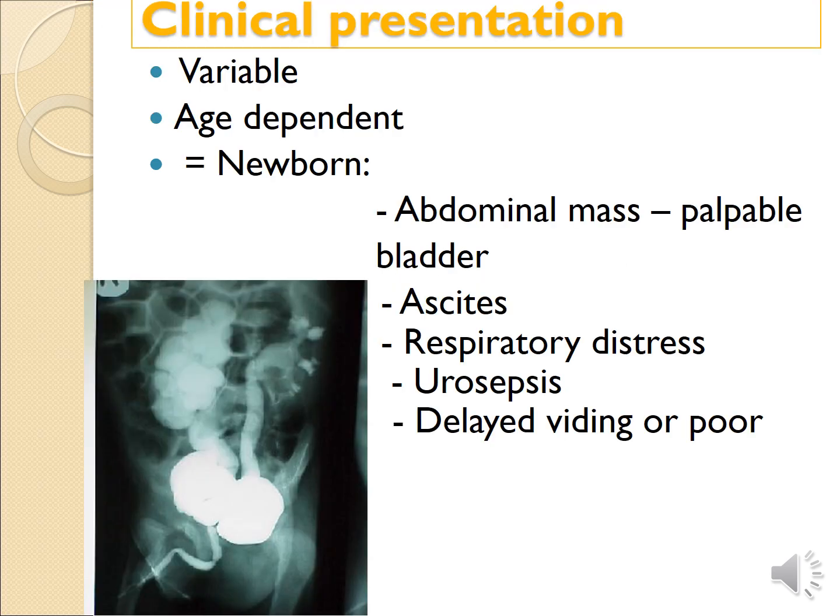Now come to clinical presentations. It is variable in different age groups. In the newborn, you get abdominal mass, which is actually a palpable urinary bladder, and these babies may present with ascites, respiratory distress, urosepsis, delayed voiding or poor urine flow.